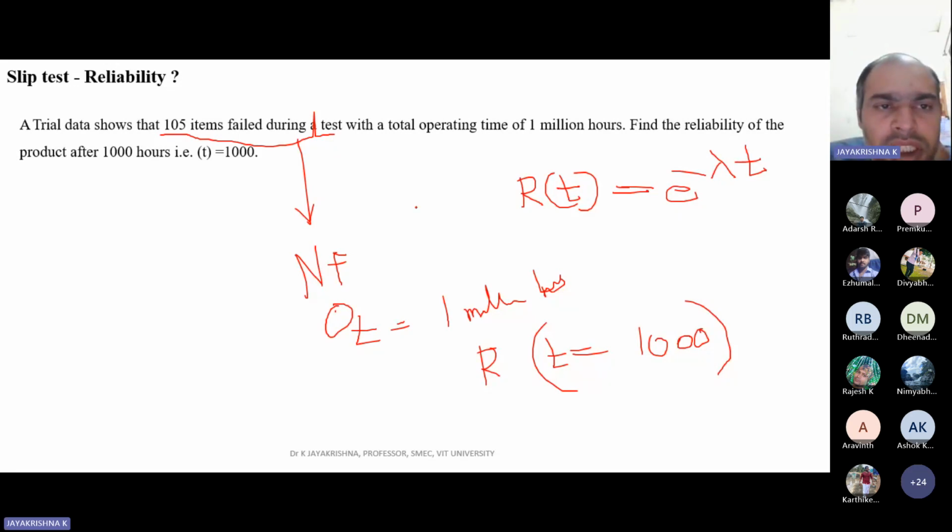Now you have to decide what is the T value, what is the lambda value. So first we have to calculate the lambda value. If you know the lambda value, then I can put it in the reliability formula and calculate, correct? So let's find out the lambda value.